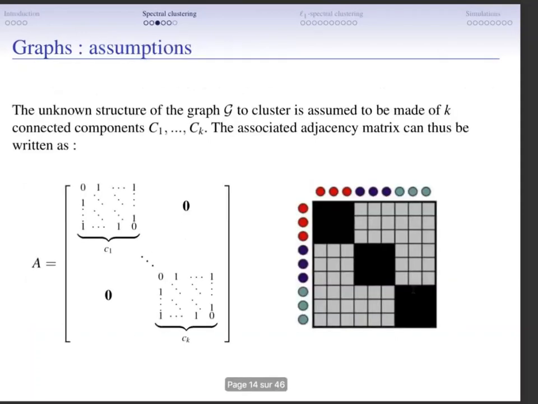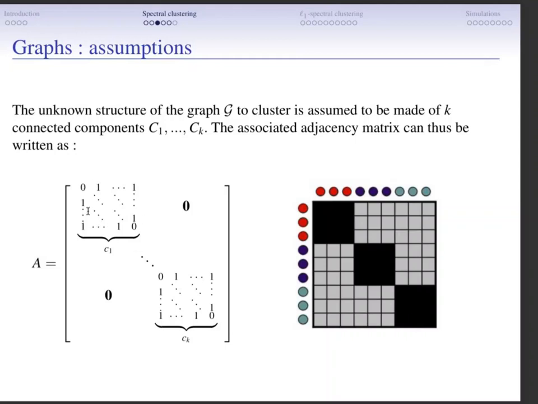Okay, so now I have some pictures to show you what the graph looks like. Here we assume that we have an ideal graph, made of k connected components. In terms of adjacency matrix, it looks something like this. It's a block diagonal matrix.